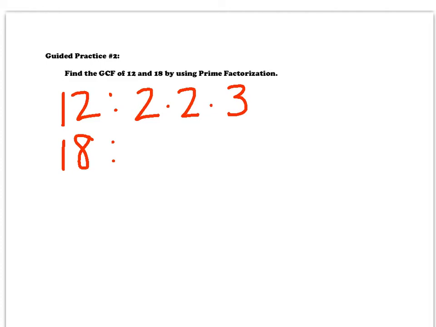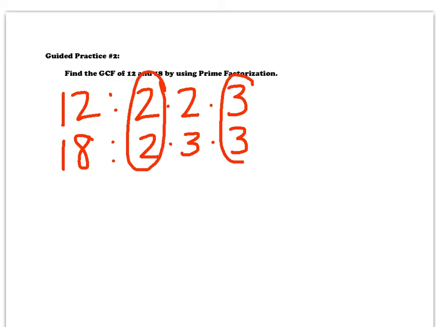And the prime factorization of 18 is 2 times 3 times 3. 12 and 18 have 2 prime factors in common. They have 2 and they have 3. So I take these 2 prime factors and I multiply them together and I get 6. So the GCF of 12 and 18 using prime factorization is also 6.